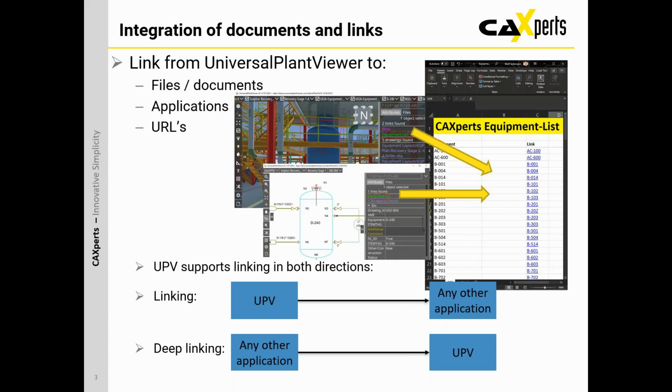UPV can integrate drawings, documents, files, applications directly, but it also can be connected to other applications like a document management system, GIS, geographic information system, 4D planning, data warehouse systems, maintenance system, etc. Some industry-proven integrations we have done in the past are Oracle connection to Oracle Primavera, Oracle Unifier, SAP in any extent, Cyberhawk, R2S, etc. So if you have the need to connect to your in-house system, you can contact us and we can help you here.